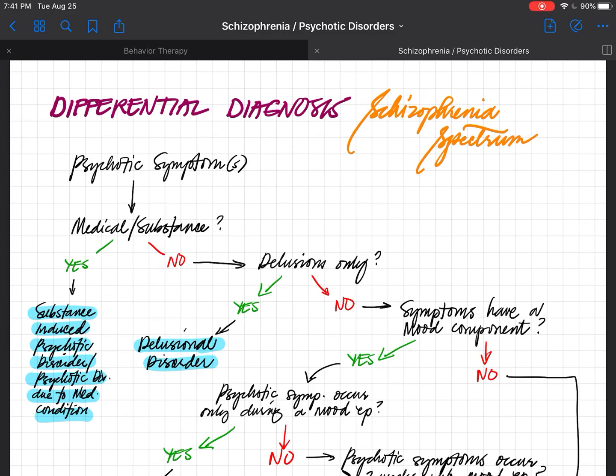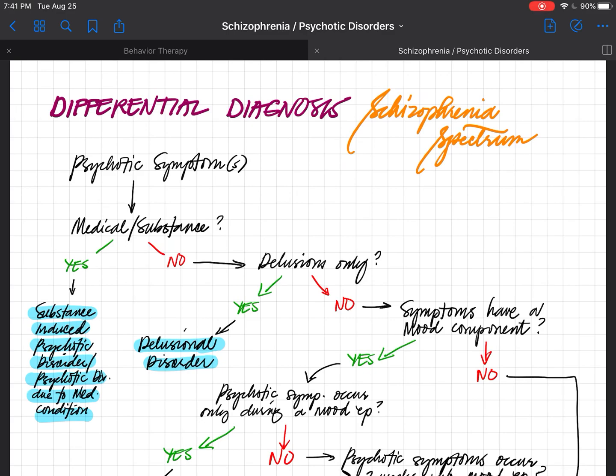Okay? However, if you look at the different signs and symptoms of various disorders, you will notice that they're not exclusive for a particular disorder. More often than not, they show up in different disorders. So for example, in schizophrenia spectrum, okay, we have the symptom of hallucinations.